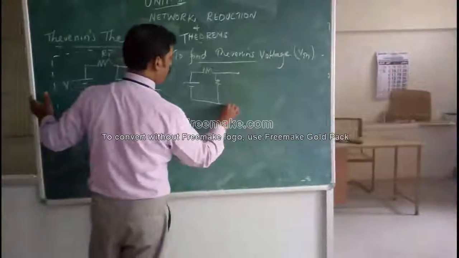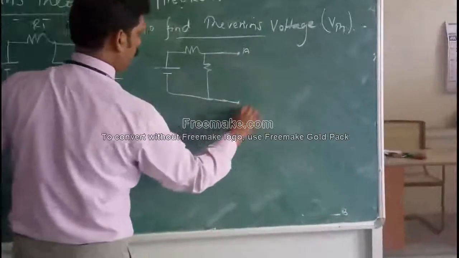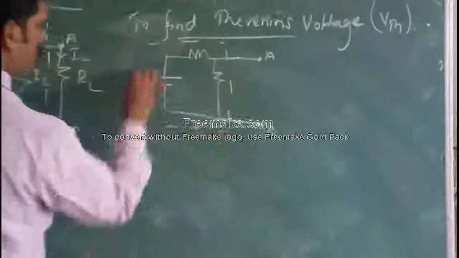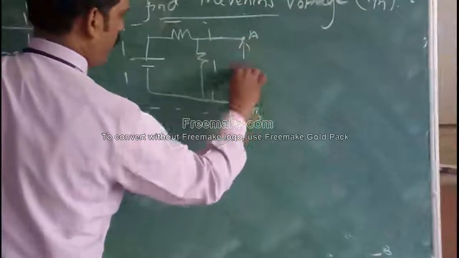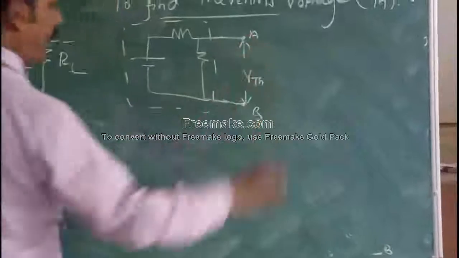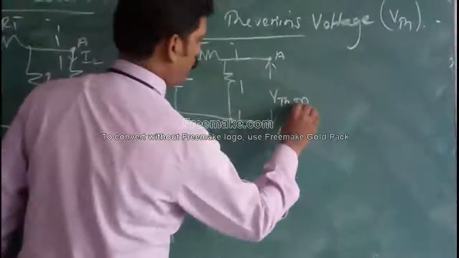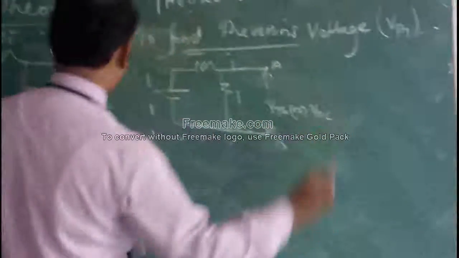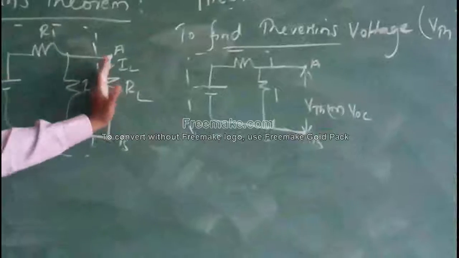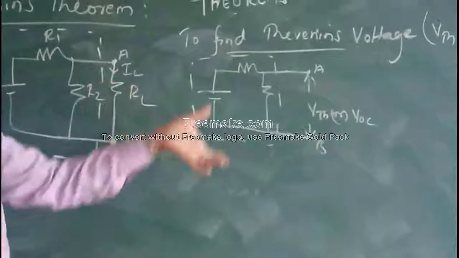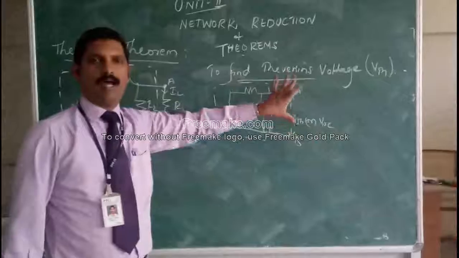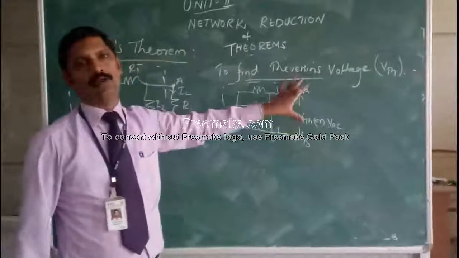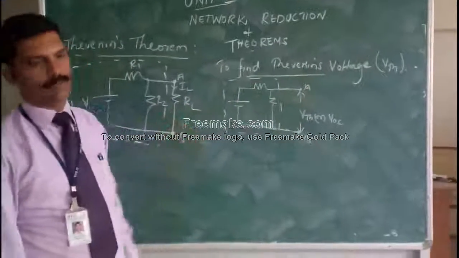So I have removed it between the points A and B, and here we have to find V Thevenin or VOC. Now it is open circuited; the load RL has been removed. Now I have to find the voltage across terminals A and B, and that is our open circuit voltage, or Thevenin's voltage.